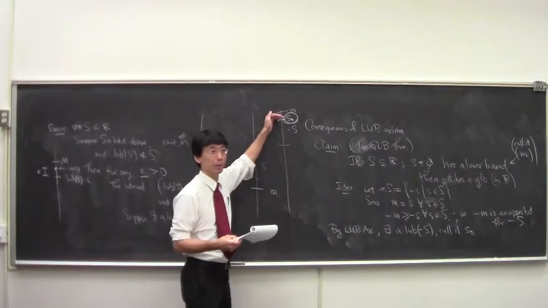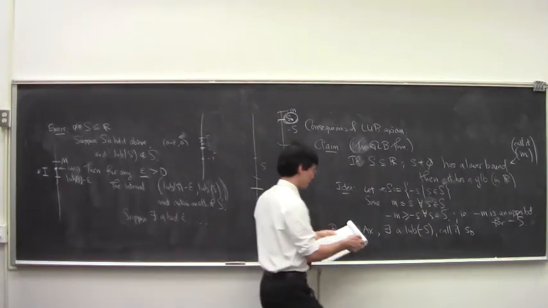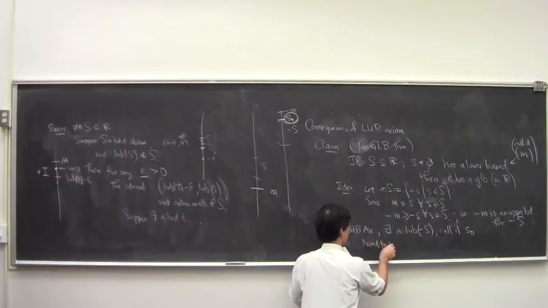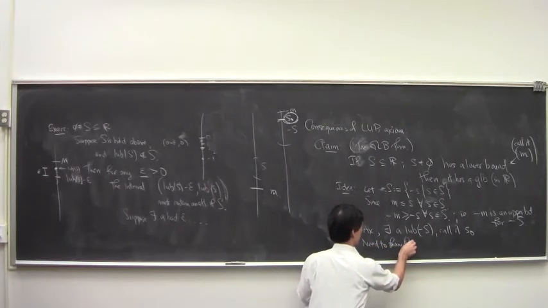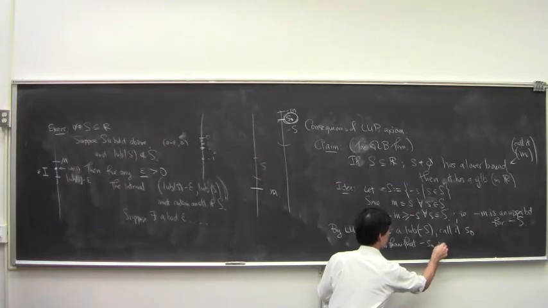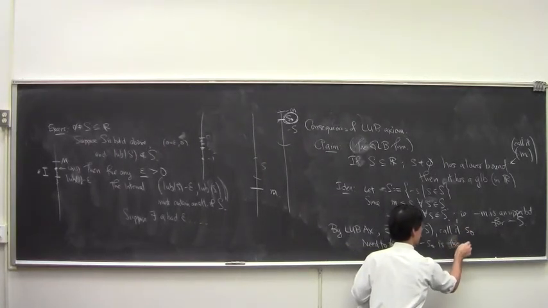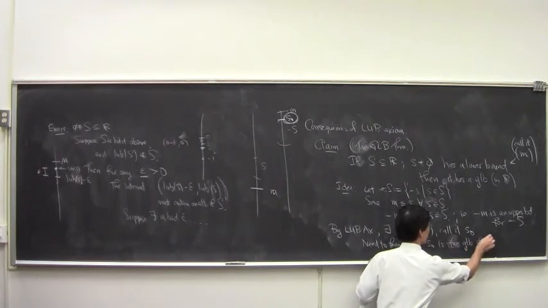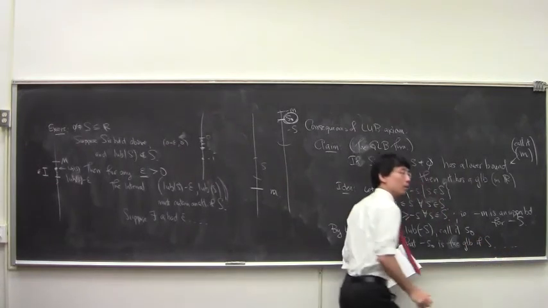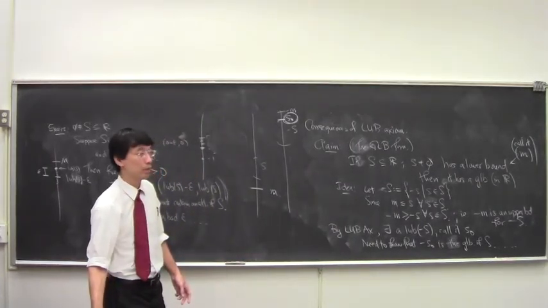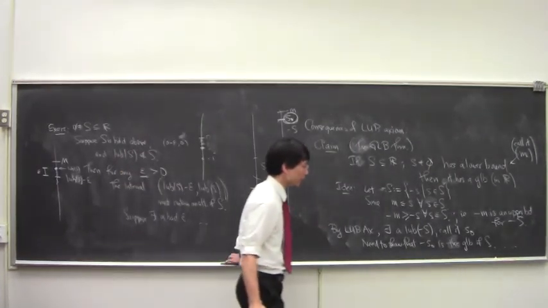And then you need to show that negative s naught is the greatest lower bound of S. Which I'll leave as an exercise.